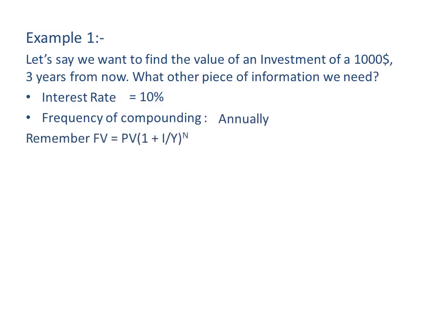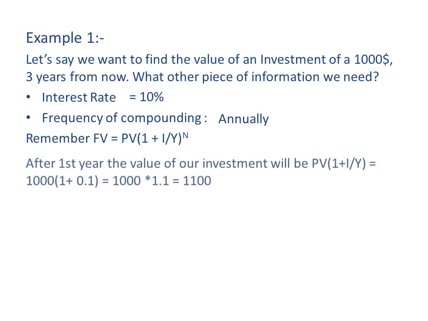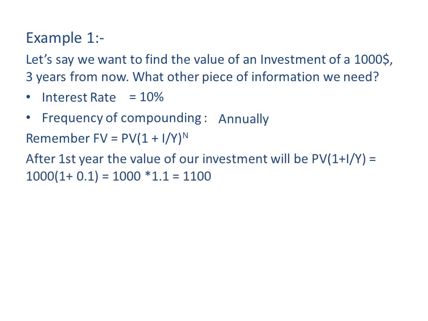Also, remember FV is equal to PV multiplied by 1 plus I by Y to the power n. So, after first year, the value of our investment will be PV multiplied by 1 plus I by Y, which is equal to 1000 multiplied by 1 plus 0.1, which comes to 1100.